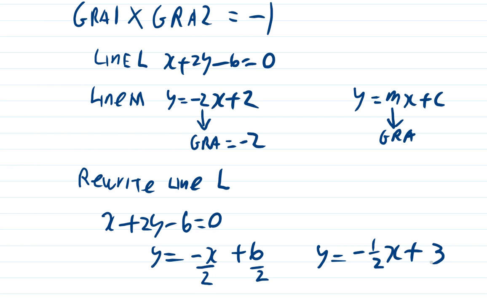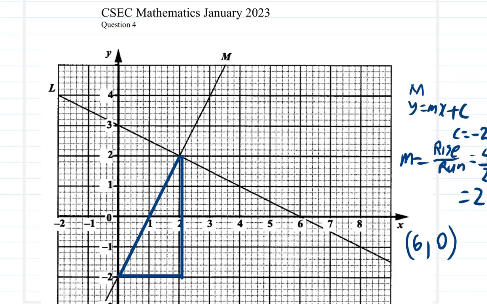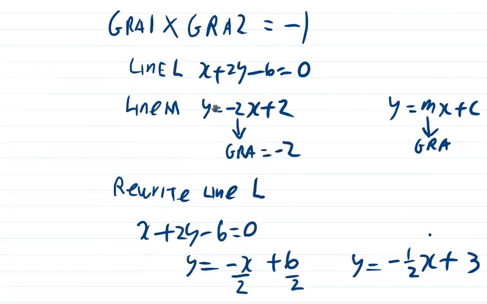You could take your time and go through the working to ensure that, because I didn't show all the details here, but this is what we have. So you can see the gradient of line L is negative half, right? Oh my, this thing jumped all the way back up here.